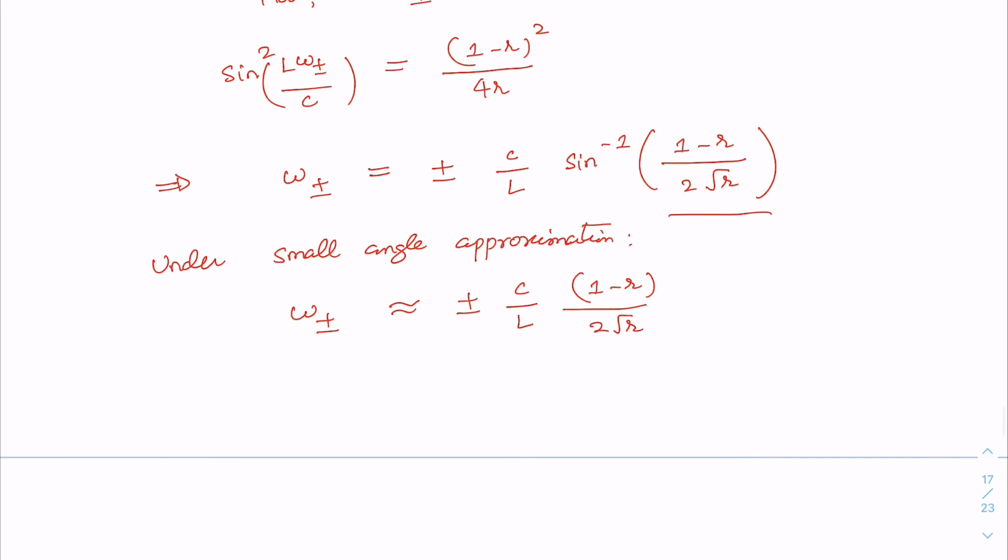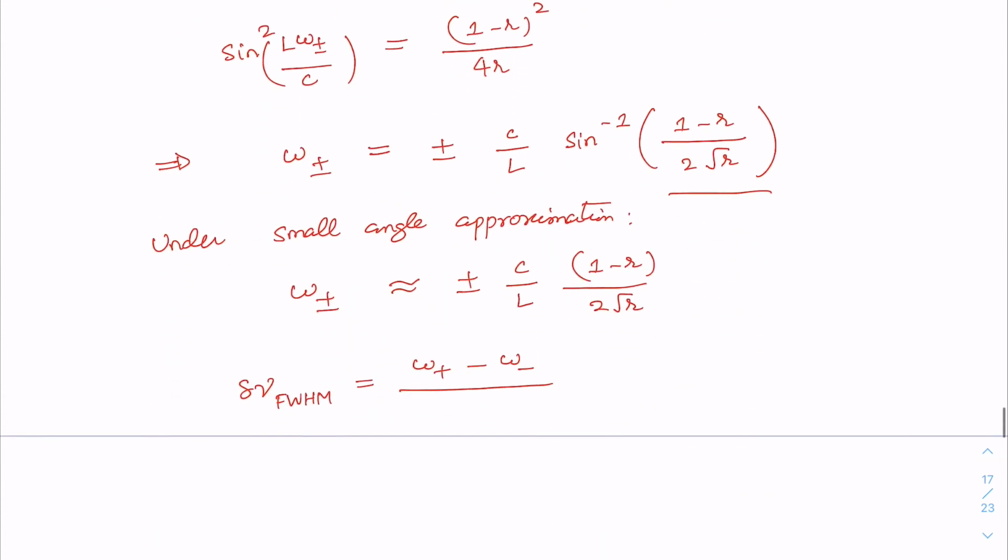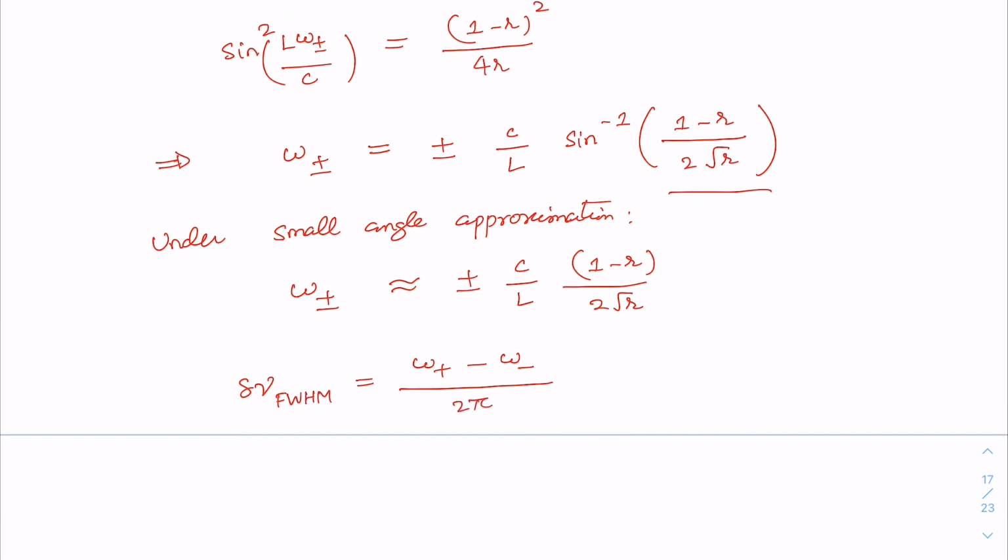Okay, now if I define this full width at half maximum, that is basically delta nu FWHM, that is omega plus minus omega minus divided by 2 pi.